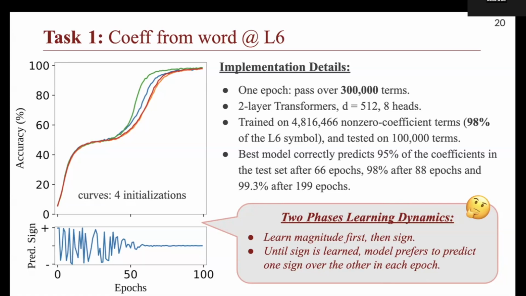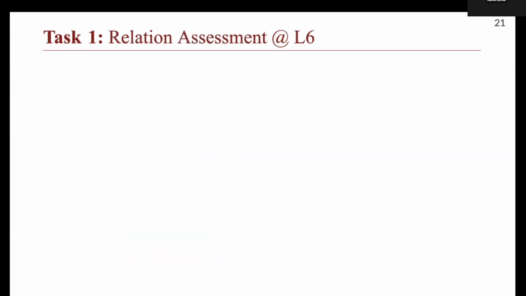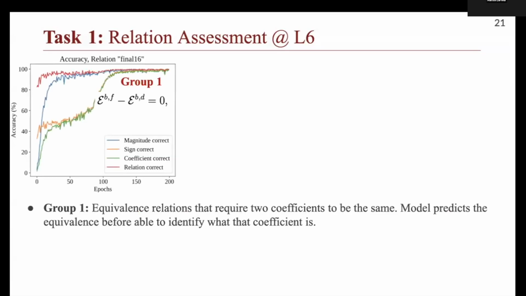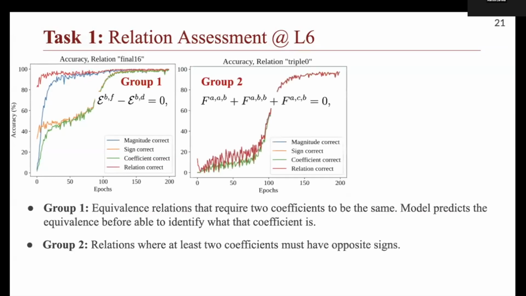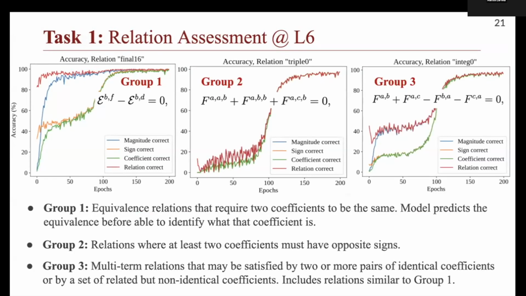This is very interesting because it shows that predicting magnitudes seems to be an easier task than predicting the signs. In order to better analyze this, we take a look at what the model is actually doing for those relations. There are three groups of different performance for the model.